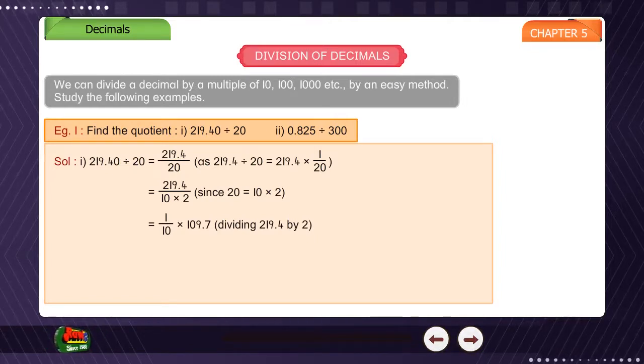Dividing 219.4 by 2 is equal to 109.7. 109.7 by 10 is equal to 10.97.